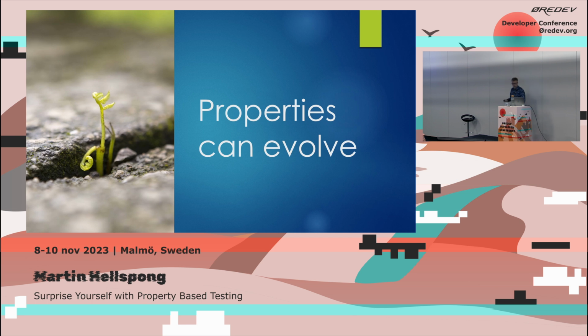What I also learned is that properties can evolve. I initially thought that, yeah, you're right, as you do with your example-based test, you have it live there, and then you write another thing to grow it, so to speak. But in this case, I had the property. Initially, if I remember correctly, I could only check the registers matched.